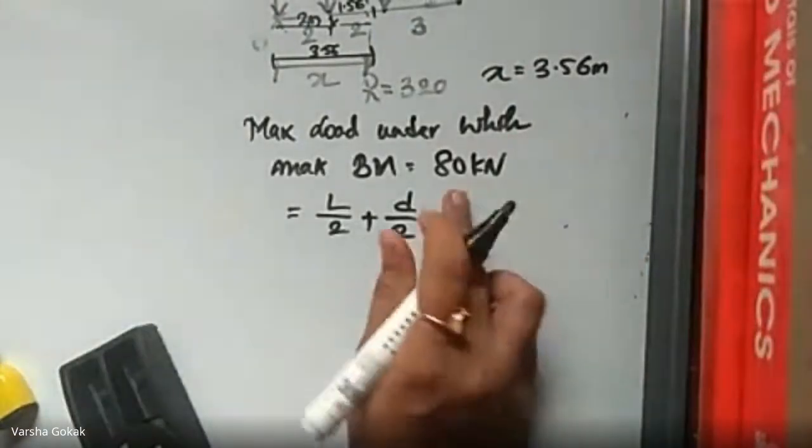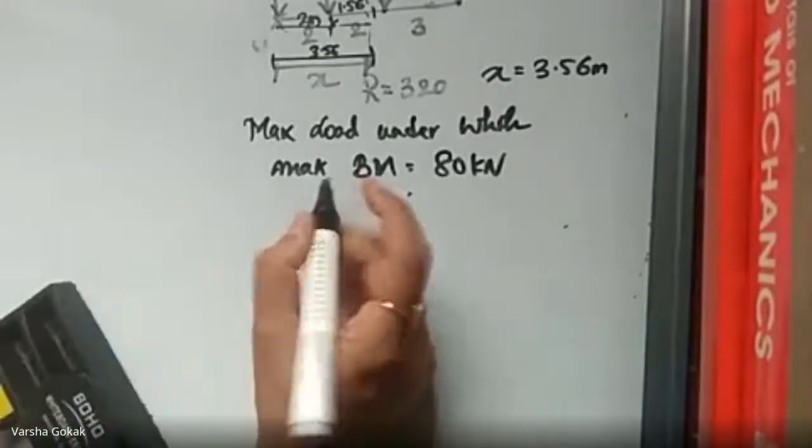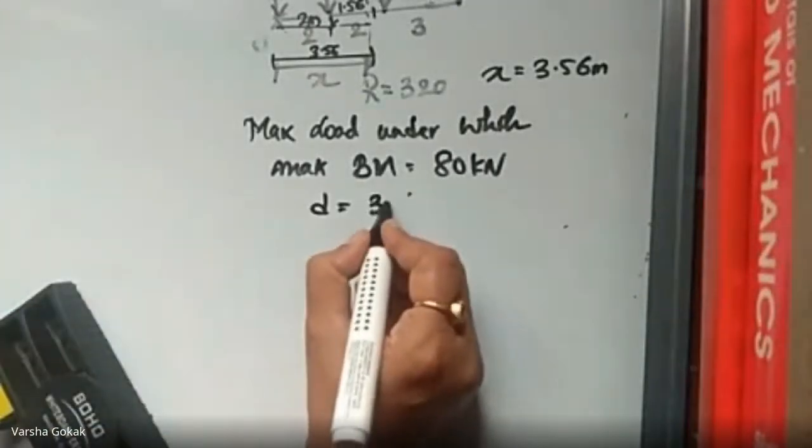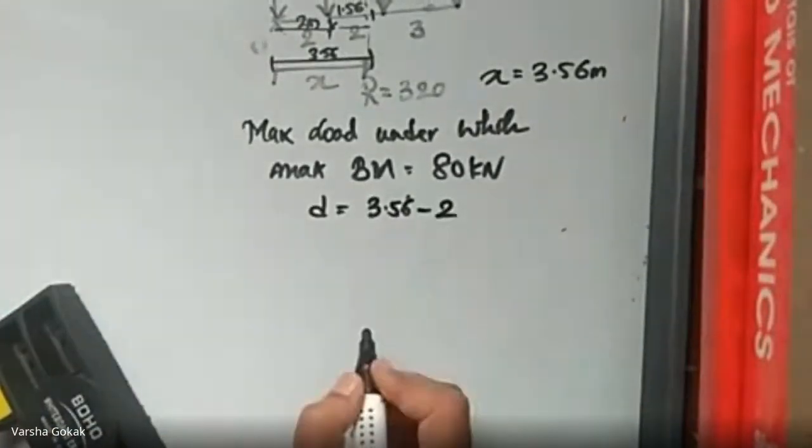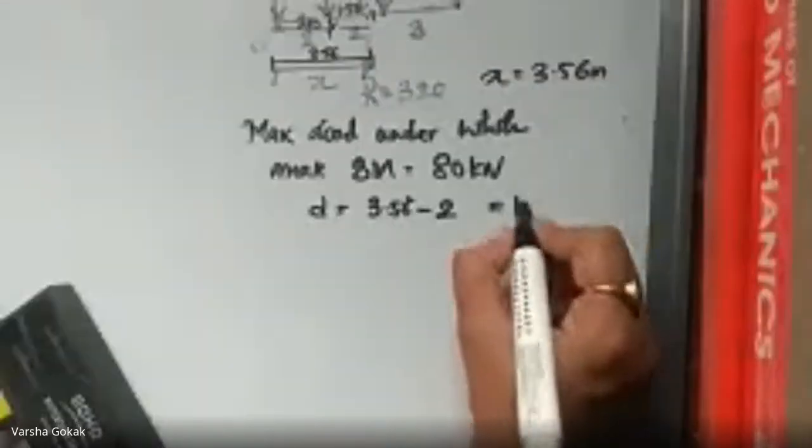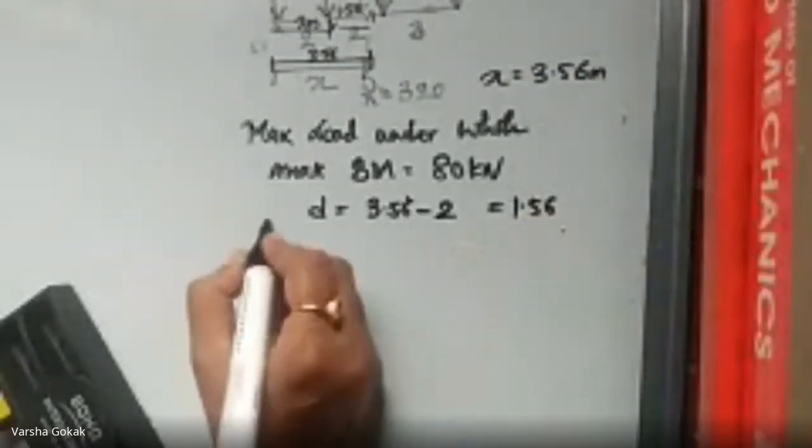So first I'll calculate D. D would be 3.56 minus 2 meters from the side, that is 1.56 meters, right?